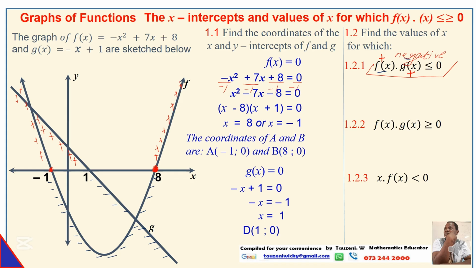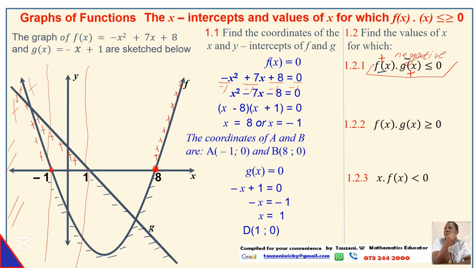If I cut across like this, going down through -1, this side, which is the left-hand side of my function, I can see that the parabola is positive and the straight line is also positive. Both graphs are positive. Then let's draw a line across the next x-intercept, which is 1.